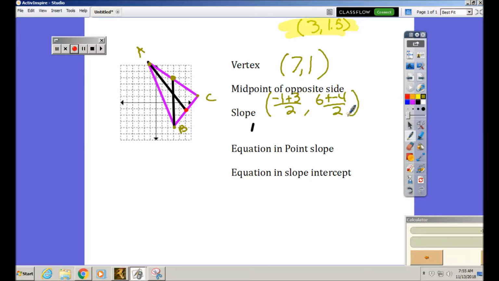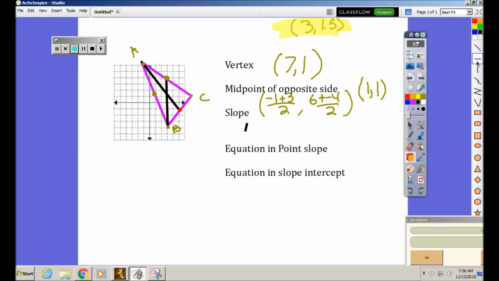Negative 1 plus 3 is 2, correct? 2 divided by 2 is 1. 6 plus negative 4 is 2, correct? 2 divided by 2 is... Did I do that right? So it looks like the midpoint should be at 1, 1. When I go over and graph 1, 1, that makes sense, doesn't it? When I visually look at it, that makes sense.